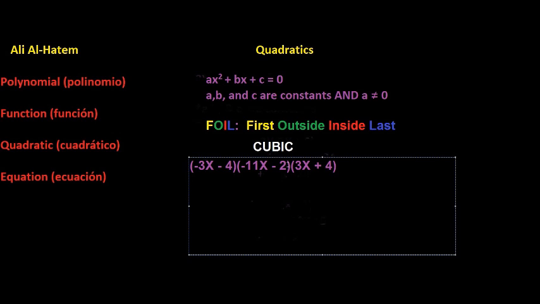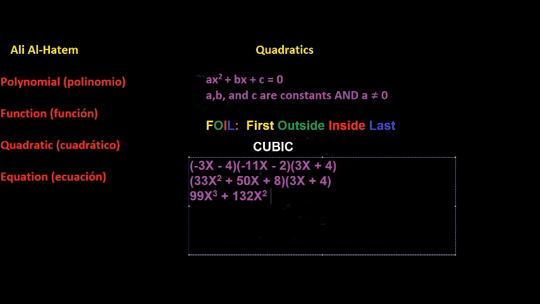First of all, we know that the first two polynomials will give us the answer of 33x squared plus 50x plus 8. Then we're going to multiply that by this third polynomial, the 3x plus 4. Let's do this. 33x squared multiplied by 3x gives you a 99x cubed. 33x squared multiplied by 4 gives you a 132x squared.